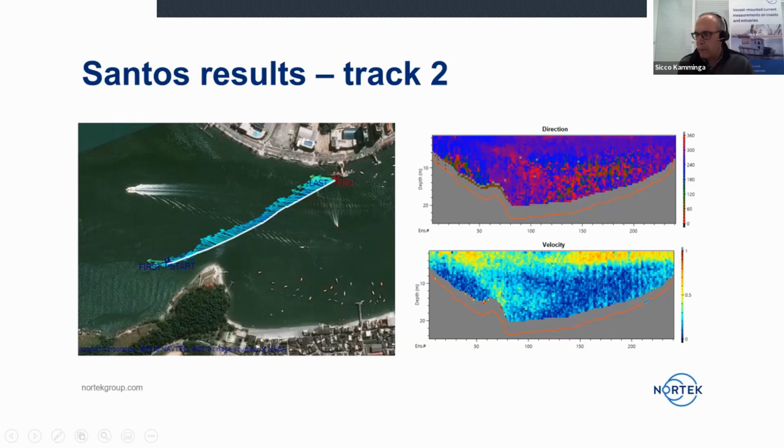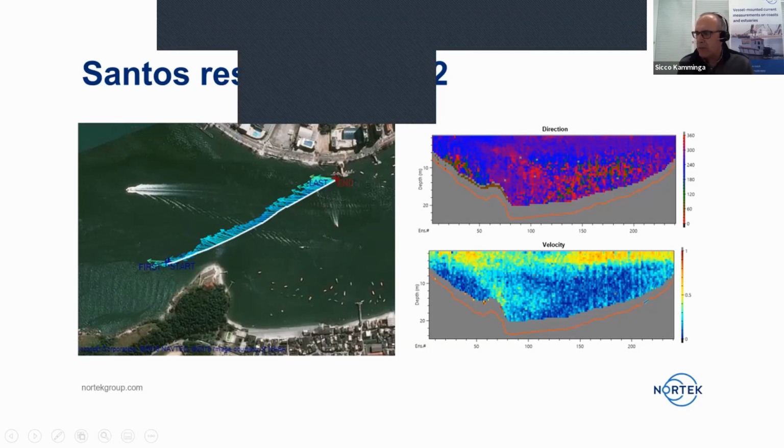This goes up to 0.6, 0.7 meters a second. So that part up here, ensemble numbers 150 to 200, matches the area near the end of the transect, all the way up here in the map. So you see a top layer which is flowing, and a lower layer which doesn't have much speed.